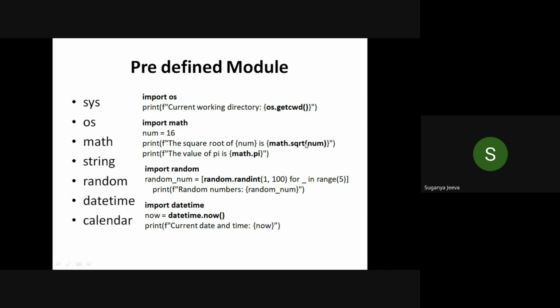It calculates the square root of the number and displays it. I'm using a format specifier f, passing the variable name within curly braces, so that the output looks good and the calculated value is replaced. So the square root of 16 is the answer here.